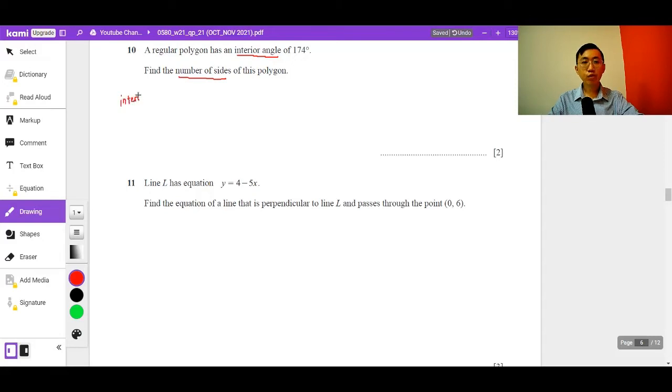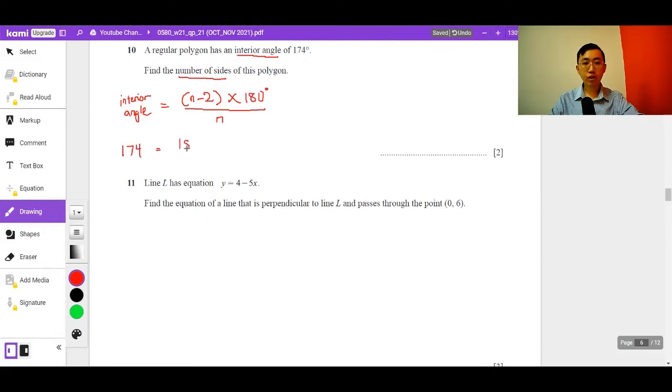Interior angle formula is bracket n minus 2 times 180 degrees divided by the number of sides n. Okay, and here is the number of sides. Then the next step is to fill up your information. So 174 degrees is your interior angle, so put it over here. And here you need to expand.